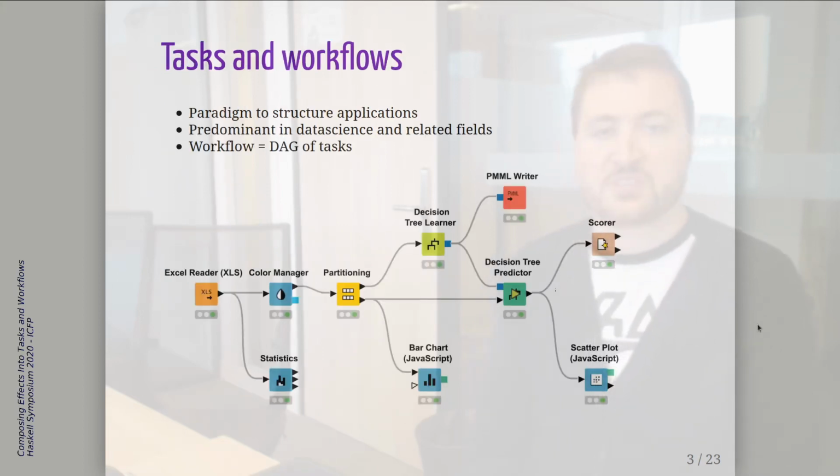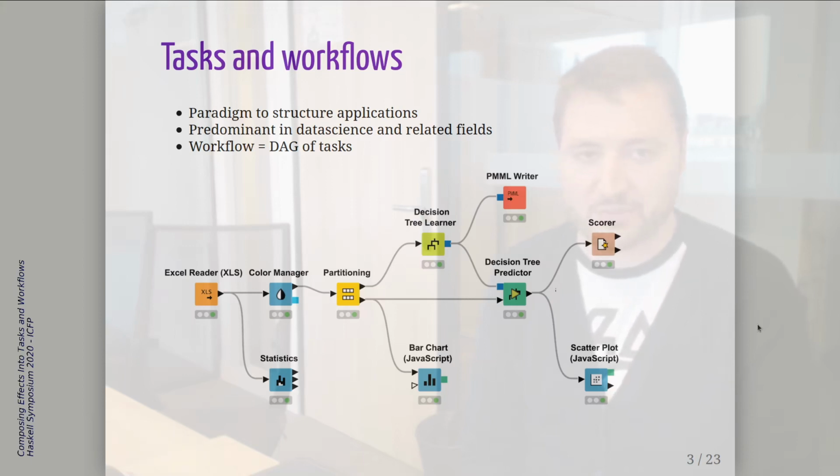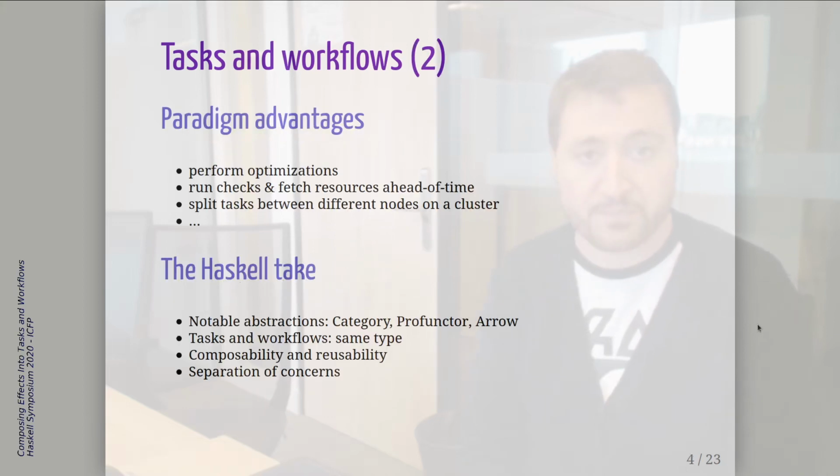So first of all, what is a task and what is a workflow? As I mentioned, it's a paradigm that's really predominant in the data science field to structure applications. Very simply, a workflow is a directed, often acyclic graph of tasks, each task performing some effects like pulling some data, training some model, asking some model to classify, to predict some class based on some input data, and so on.